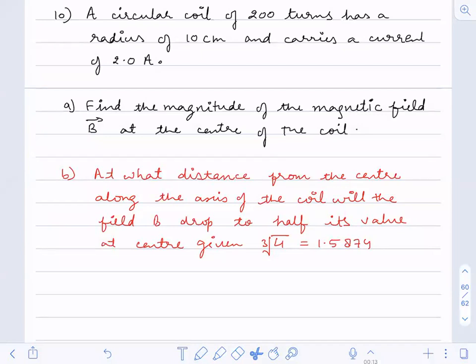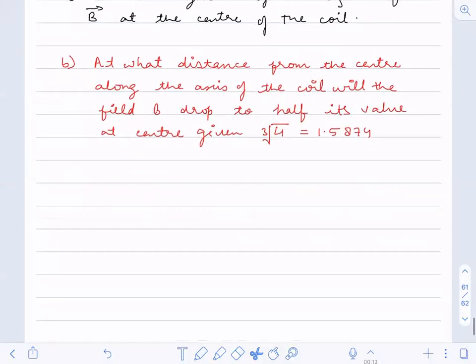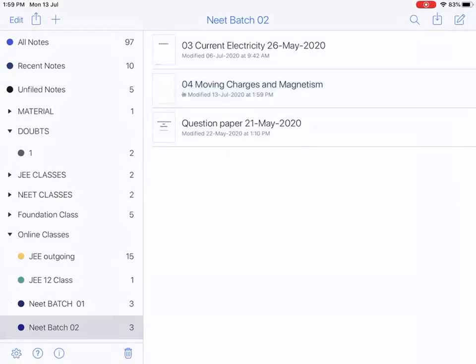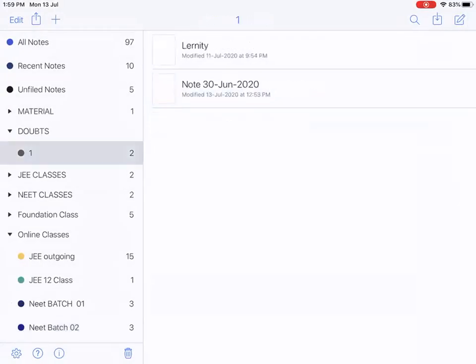Next, I wanted to discuss a question that you would have seen in this week's portion. I don't know how many of you have solved it, but I still wanted to take that problem.